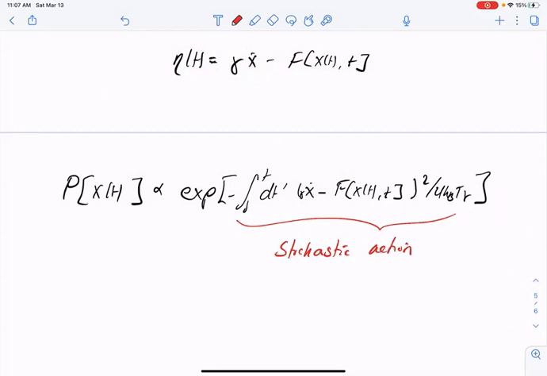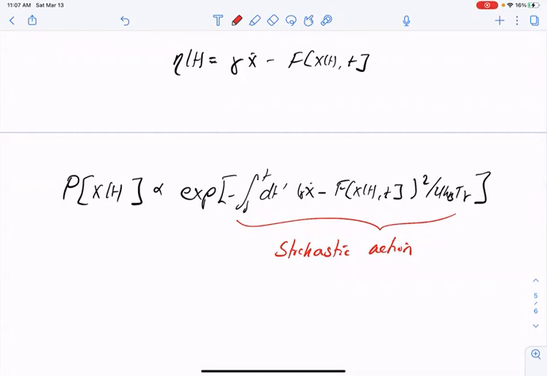In the limit that T goes to 0, or gamma goes to 0, we will end up with a probability that is very peaked for x dot equal exactly to f. So the probability would be determined by just its minimum action path, the path that satisfies that equality.